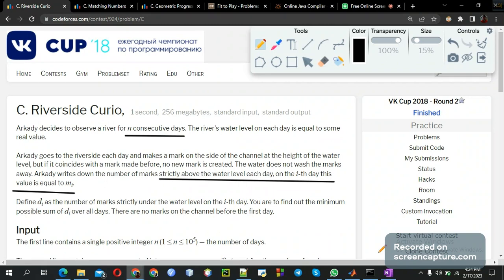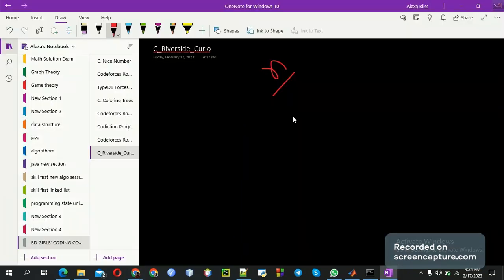That means the water level of the river changes day by day, we know that. And he tries to mark the water level day by day, and each day he counts the number of watermarks he made that are situated above the water level.